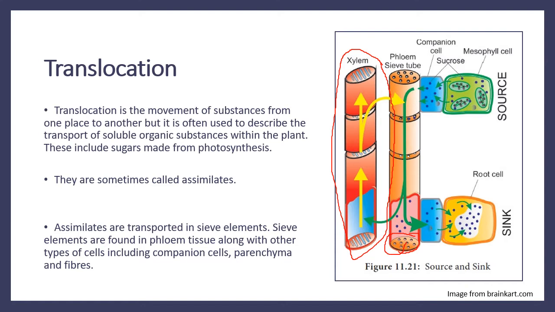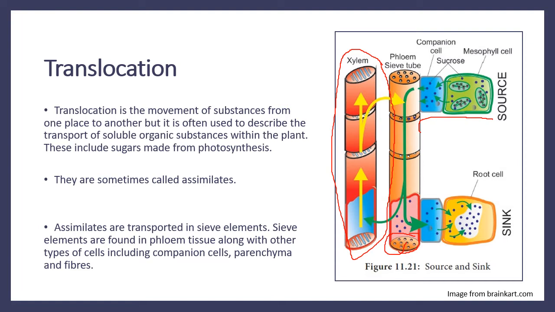We also said that in the xylem, water moves upwards from the roots to the other parts, whereas in the phloem the sucrose moves from the leaves to the other parts. The part where the sucrose is made, where it moves from, we call the source, and the part where the sucrose is stored we call the sink.